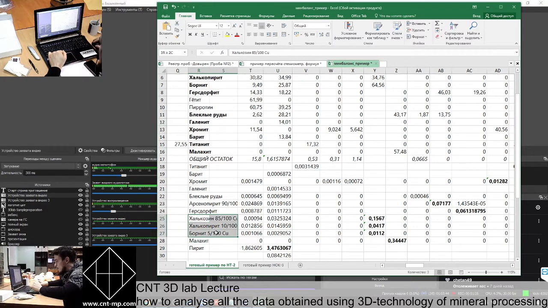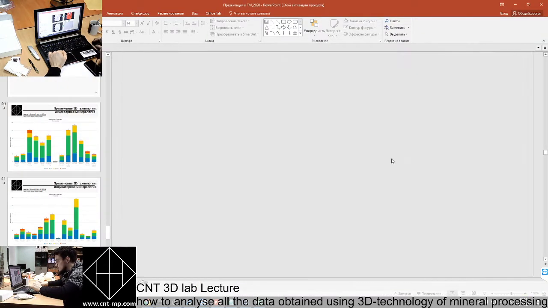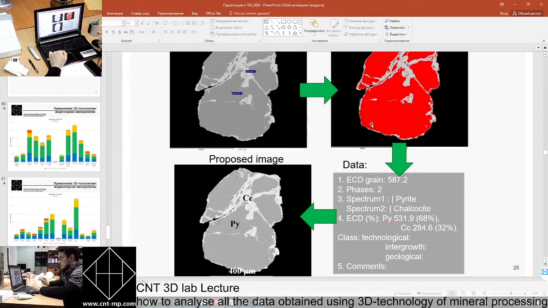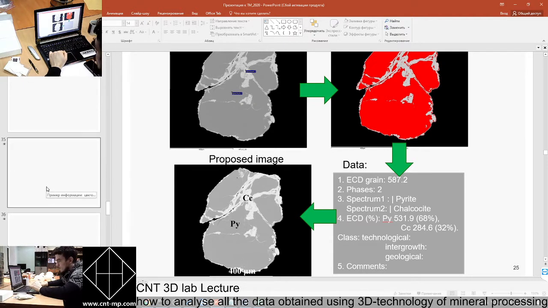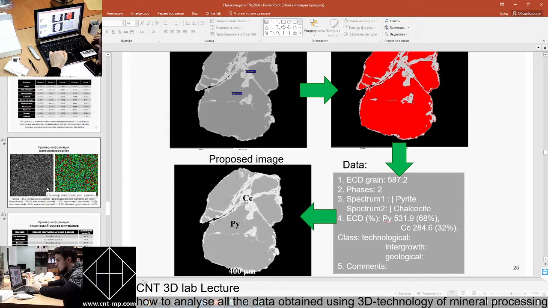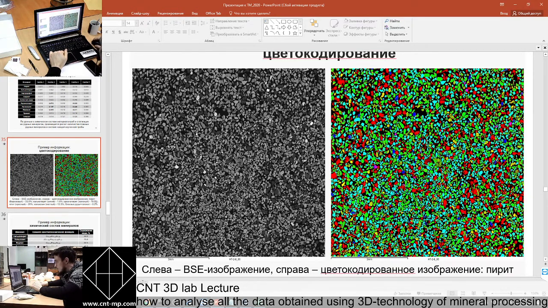We counted that using information on area and equivalent circle diameters. Sometimes when we are short on time, we can use the information on mineral balances from color coding, from characteristic X-ray reactions.